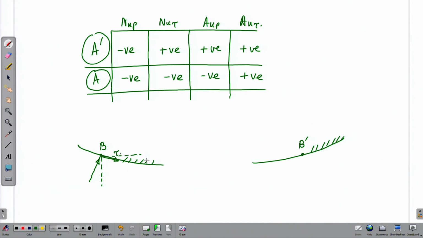So, we have drawn the vertical and the horizontal lines. As you can see, we move clockwise from the vertical to reach the pressure direction and we again move clockwise from the horizontal direction to reach the tau direction. So, this is going to give me positive sin theta and cos theta. So, both are positive. While here let us try to see what happens.